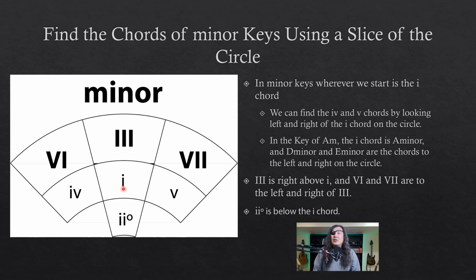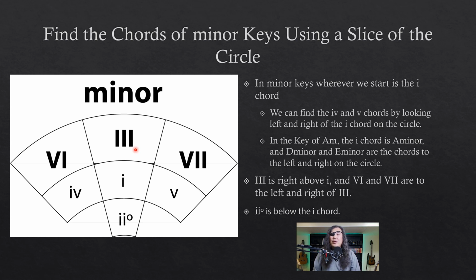And then if we look to the left and the right of the 1 chord, we have the 4 and the 5 chords, which are also minor in a minor key. If we move 1 ring out from the 1 chord, we get the 3 chord, which is major. And if we look to the left and to the right, we have the 6 and the 7 chords, which are also major.